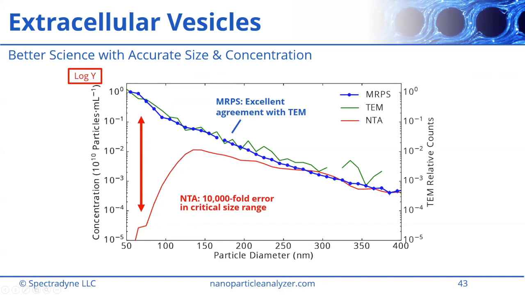NTA is missing 10,000-fold in concentration. This is a major eye-opening experiment. The conclusion is that orthogonal measurements are critical for accurate particle analysis, right? And this is true across the board in science generally.